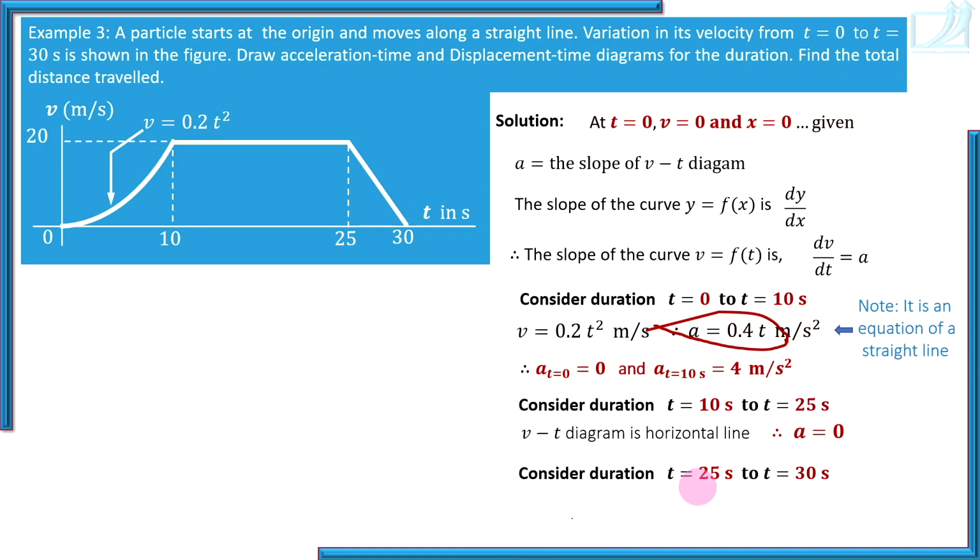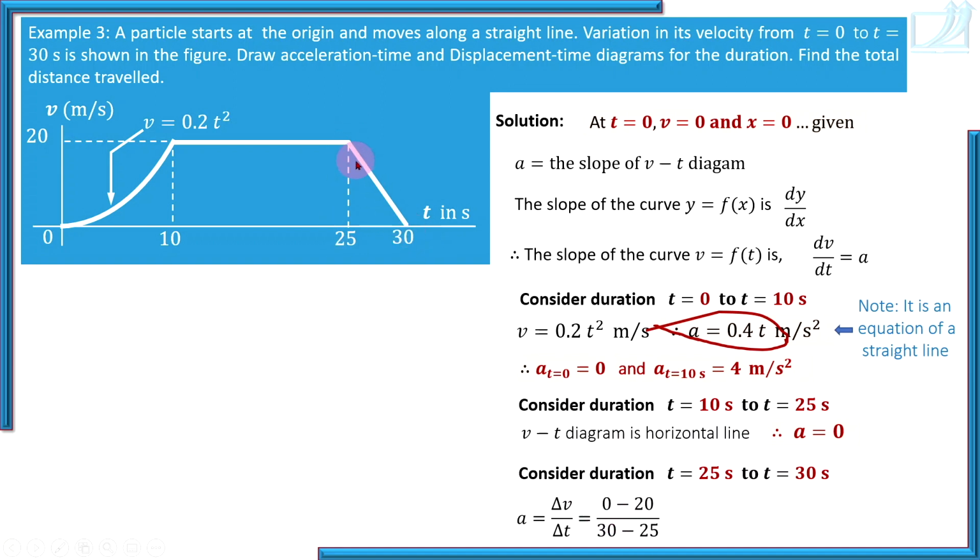Now consider duration t equal to 25 seconds to t equal to 30 seconds. Now acceleration is slope of vt diagram. So now we are finding slope of this inclined line. Slope of a straight line, delta y by delta x. In this case, delta v by delta t. So what is change in velocity?